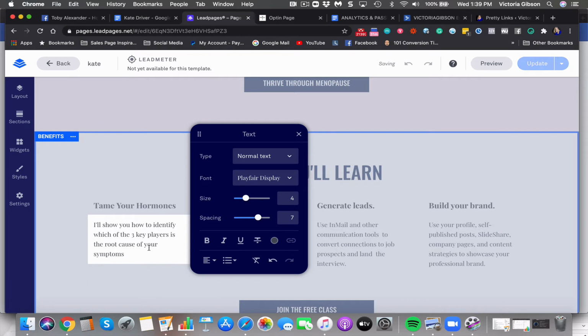We may have to adjust some of this copy. I know now I'm talking a little bit, but we could probably take that out in a minute. I'll show you how to identify which of the 3 key players is the root cause of your symptoms and how you can address them holistically. Right, that's the first one.